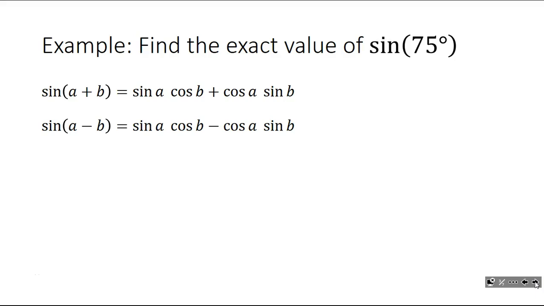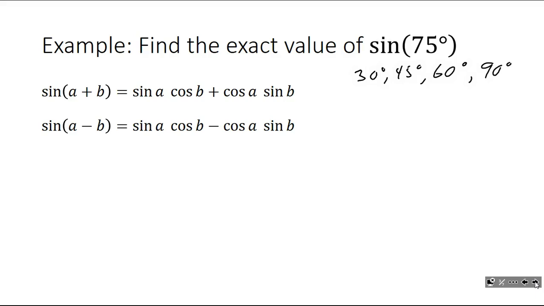Now, here's how you first have to look at this. 75 degrees is not one of the angles that you find on your unit circle. Think about starting out quadrant 1 of the unit circle. You've got 30 degrees, 45 degrees, 60 degrees, then 90 degrees.